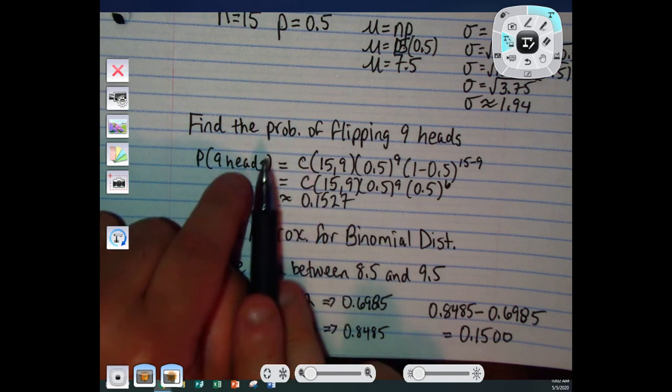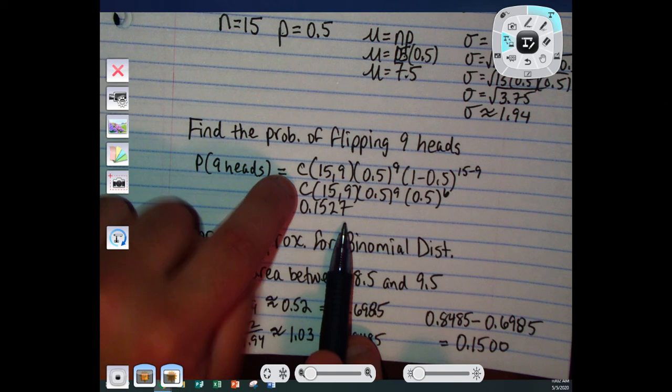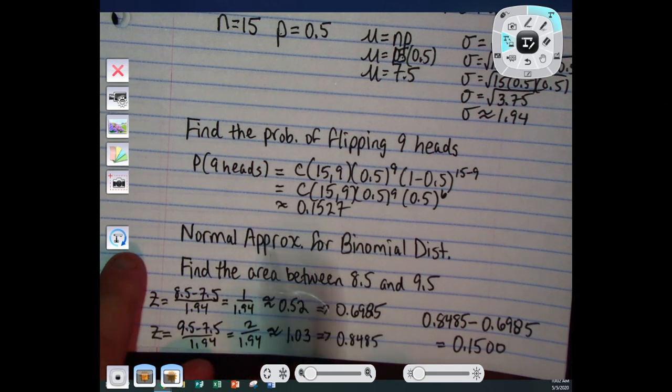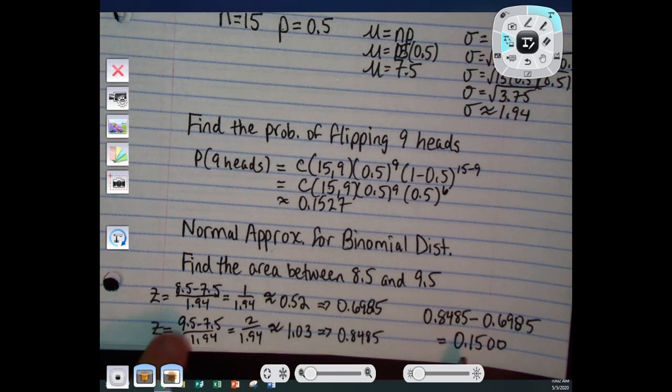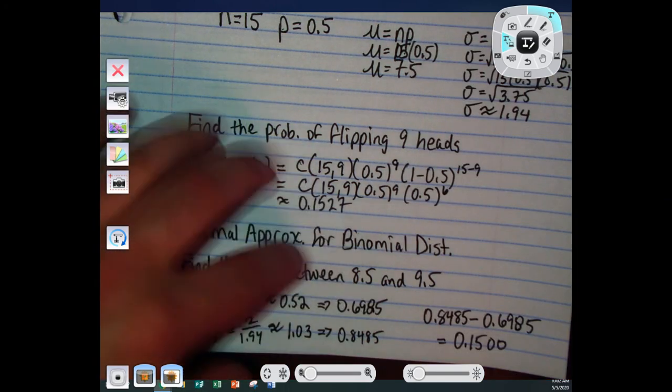We calculated using the binomial probability formula to get 0.1527, but if I wanted to approximate it normally, I could, and we get a pretty close approximation, 0.1500. That's almost there. So again, we can use this idea of normal approximation when given a binomial distribution.